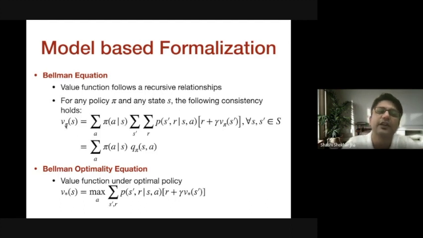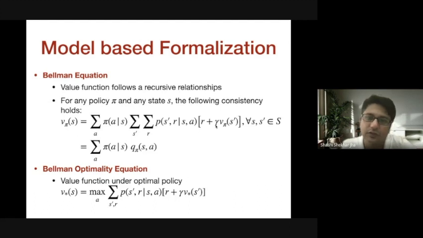We want to find the value function of a particular policy. So these policies are given. Then we are also assuming the model of the environment is available. So this P of S dash, R given S and A is the model of the environment which is given. Okay. Reward at every point of time, whenever you execute an action, you will get the reward. So reward is known in that sense, or at least distribution is known. So we know the reward. Okay, gamma is a parameter that we set.